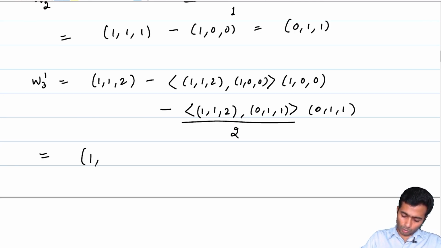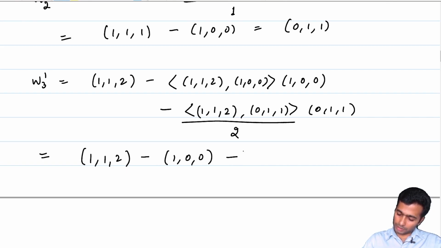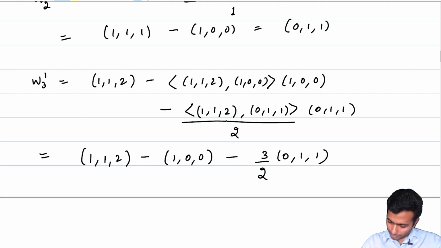So this is just (1, 1, 2) minus 1 times (1, 0, 0), minus 1 plus 2, which is 3, by 2, times (0, 1, 1). Let me be careful: 1 plus 2 is 3. Yes, 3 by 2.